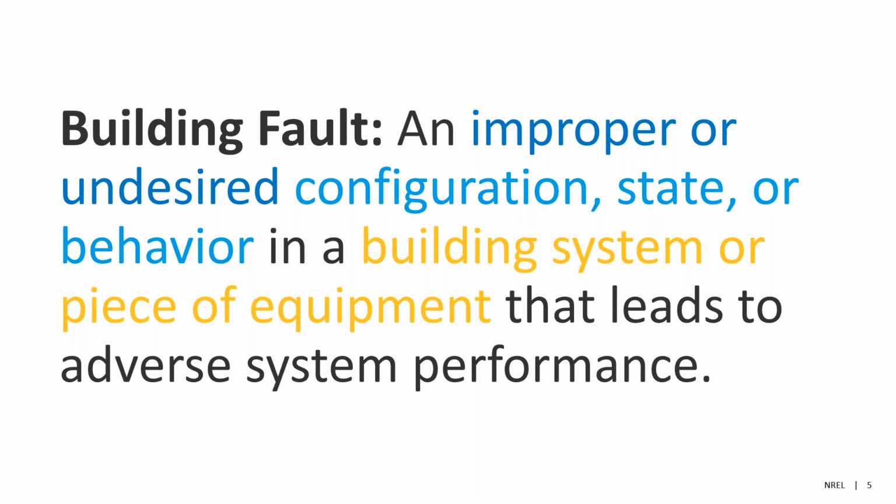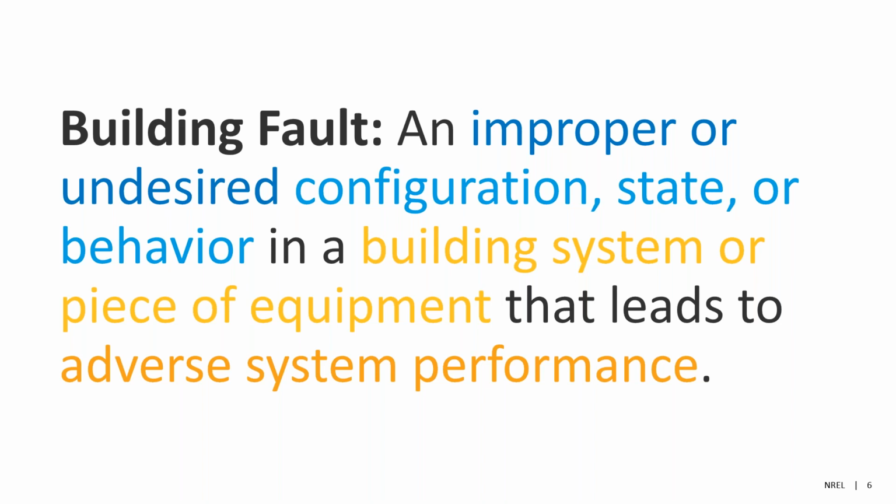And finally, if you have this improper or undesired configuration, state, or behavior, it's going to ultimately lead to adverse system performance. So your building is not operating the way that you want it to operate. Either it's wasting energy, or it's not meeting some level of service that you would like it to meet. So it could be that the lighting is too low or too bright.